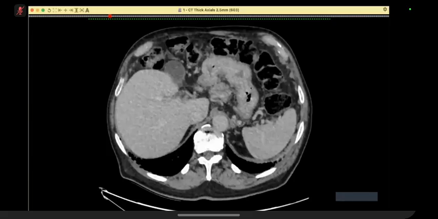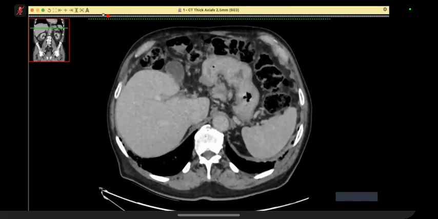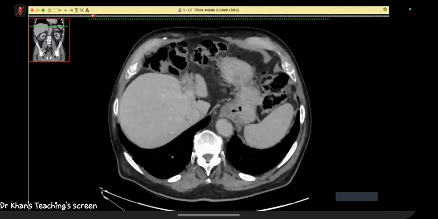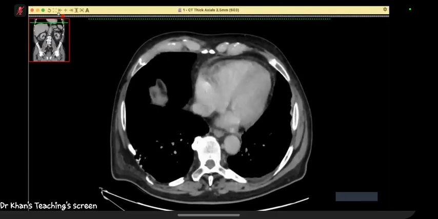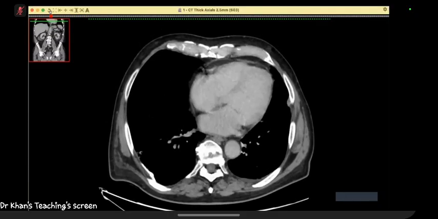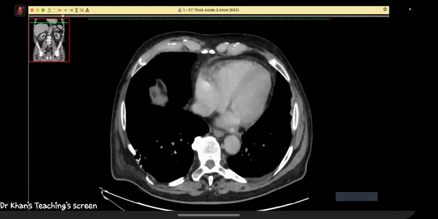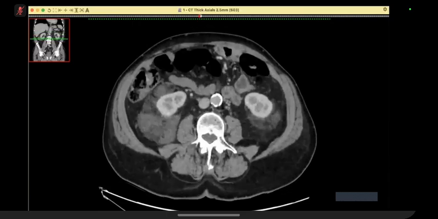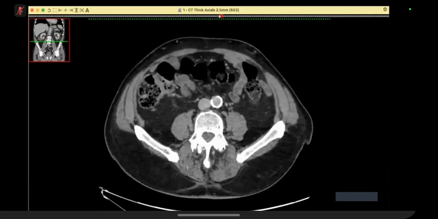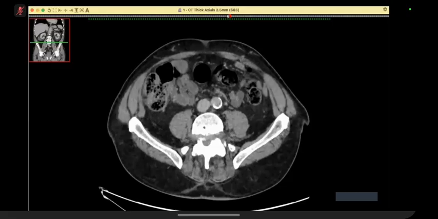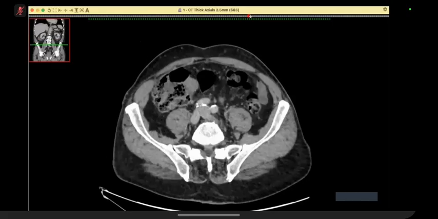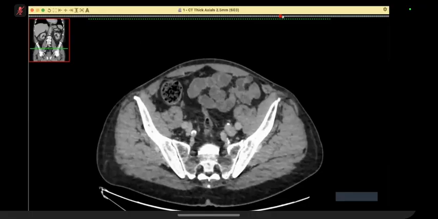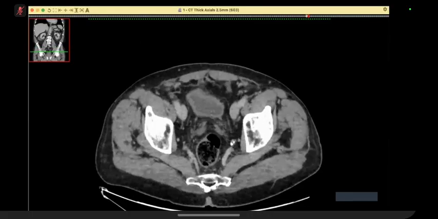Okay, sir. I'm trying to scroll. I'm provided with the axial sections of post-contrast images of the abdomen and the pelvis of an 80-year-old female who came with history of vague abdominal pain. I'm scrolling from top to bottom before starting my comments.